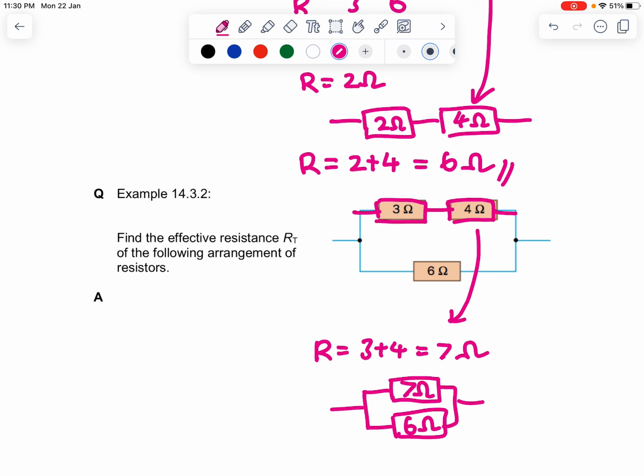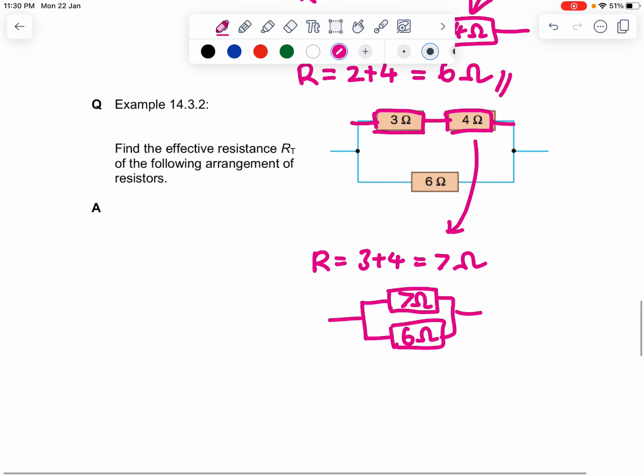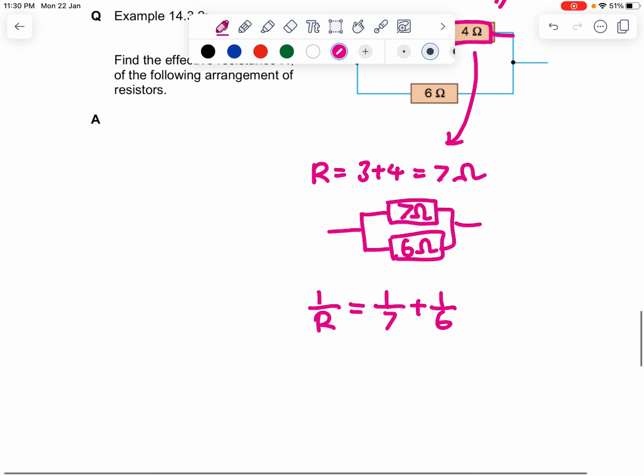And now it's a parallel circuit. 1 over R equals 1 over 7 plus 1 over 6. Okay. And finally, the answer will be R equals 3.2 ohms. And that's all for this chapter.